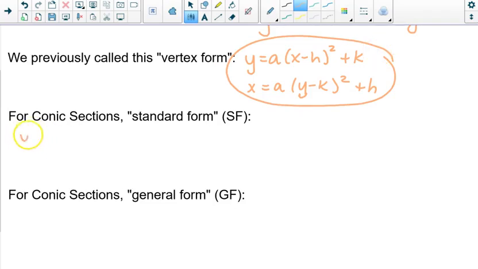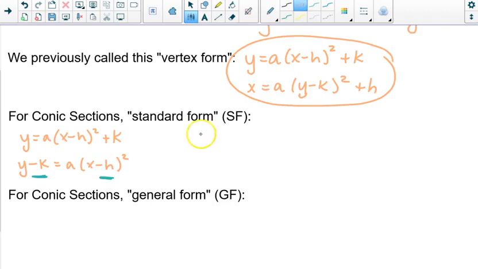So if it opens up or down, it's y equals a times x minus h quantity squared plus k. Or, in some cases, we subtract k from both sides and write y minus k equals a times x minus h squared. That's kind of nice because you can see the change in y, the vertical shift up or down, and the change in x, the horizontal shift left or right. It's kind of consistent that way.